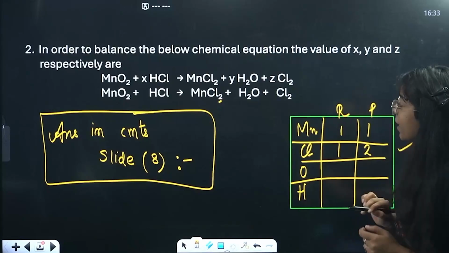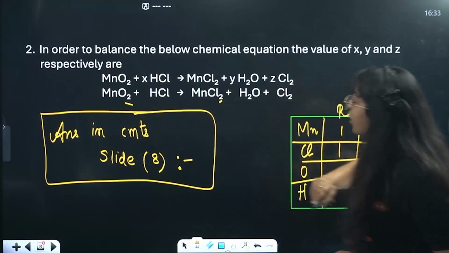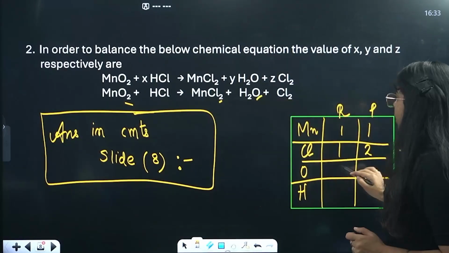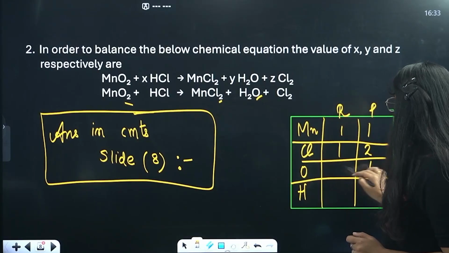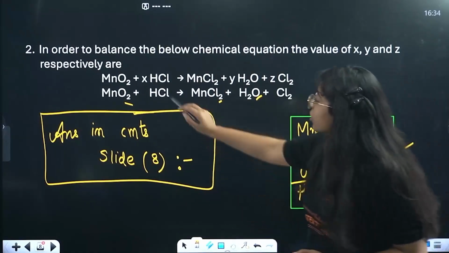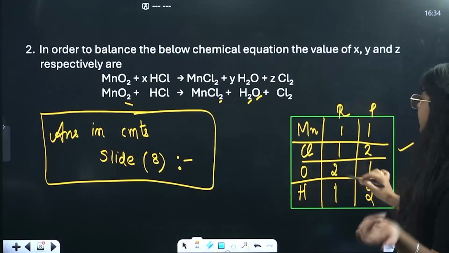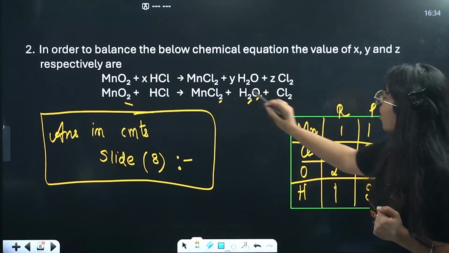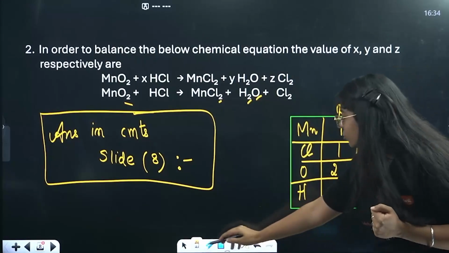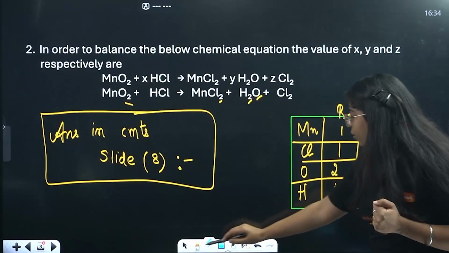So this we need to balance. Oxygen 2 on the reactant side, only 1 on the product side, and then hydrogen only 1 on the reactant side and 2 on the product side. Okay, chlorine was 4. Right, there was one more chlorine that I forgot to count.